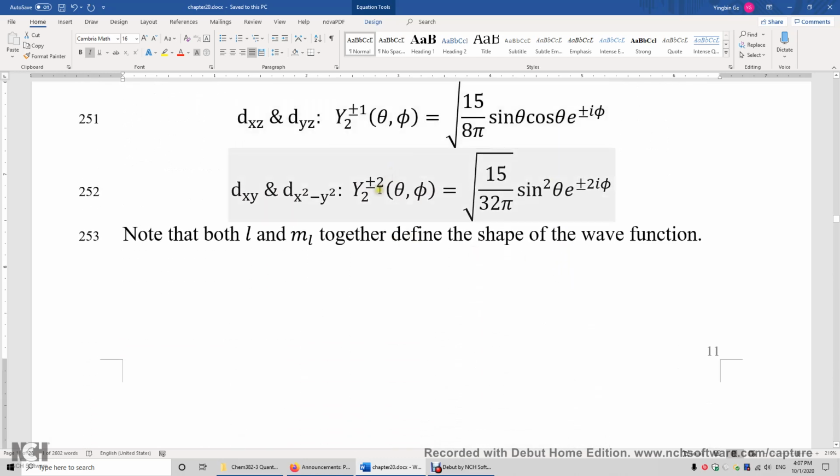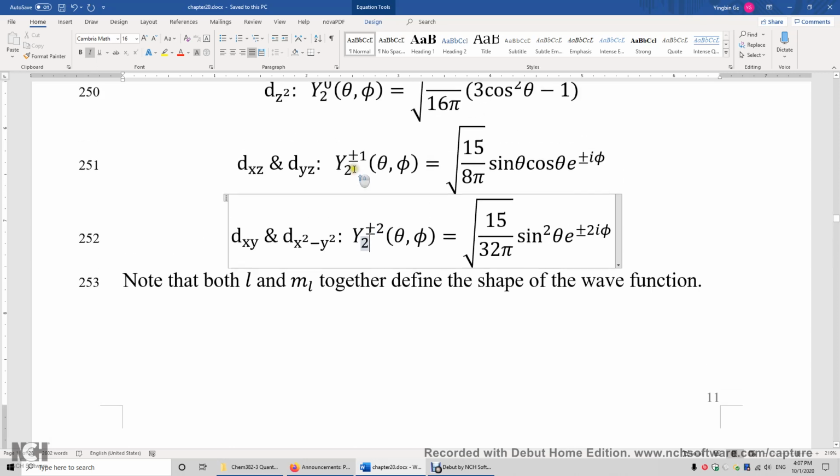So again, there are two quantum numbers over here. This means L equals 2. The subscript L equals 2. Plus minus 2 are the values of m sub L. So this is when m sub L is equal to plus 2 or minus 2. Again, L equals 2, m sub L is plus 1 or minus 1.